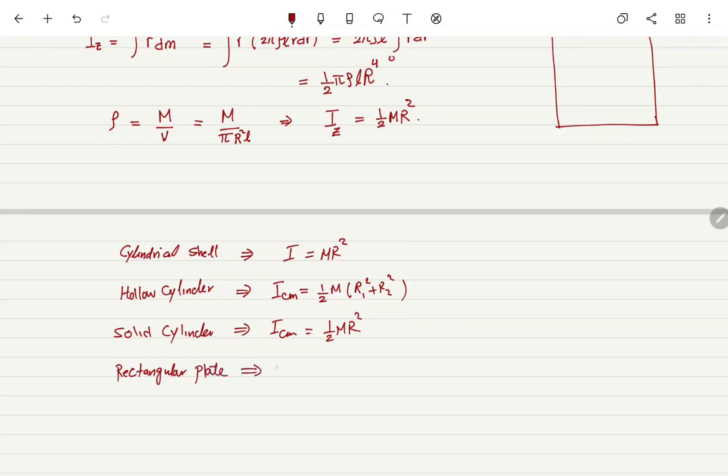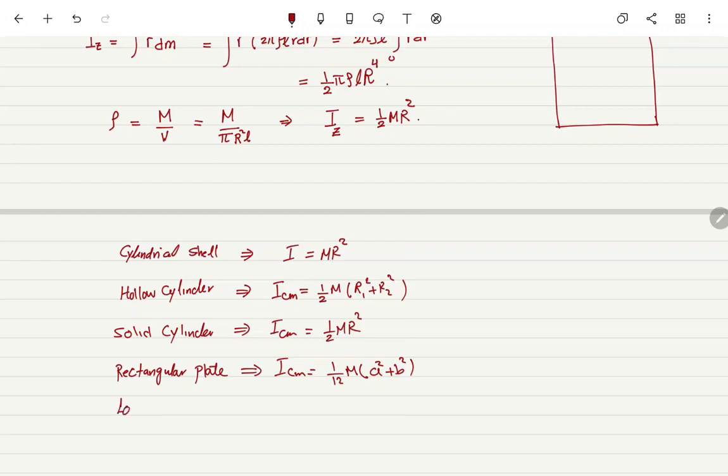And for a rectangular plate, the moment of inertia about its center is equal to 1 over 12 m (a square plus b square). In such a way, a here is the width, and b is the length of that rectangular plate.